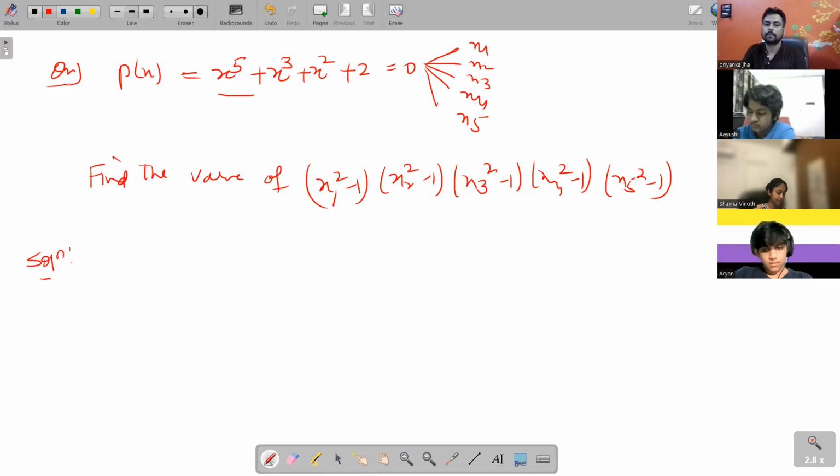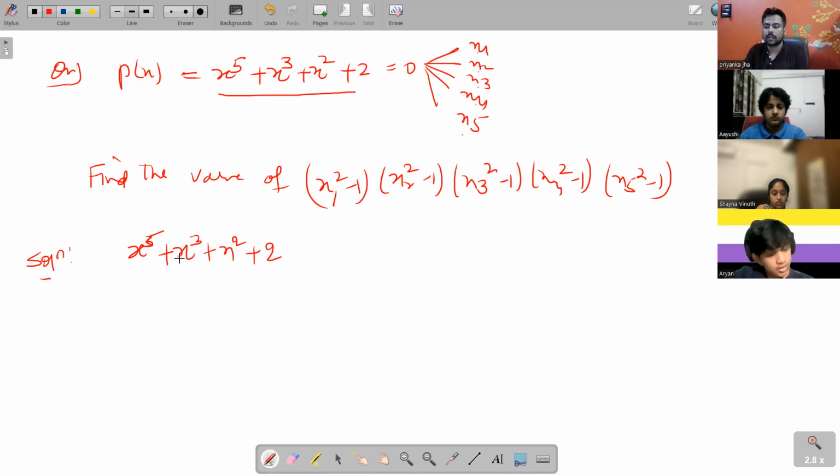This is a 5-degree polynomial. It has 5 roots. So first thing you do, what is the leading coefficient of this polynomial, Aryan? 5. No, this is the degree. The highest power of x is known as the degree.